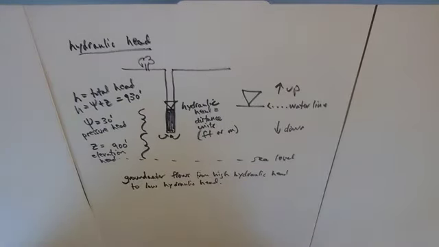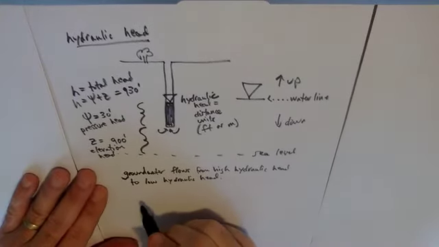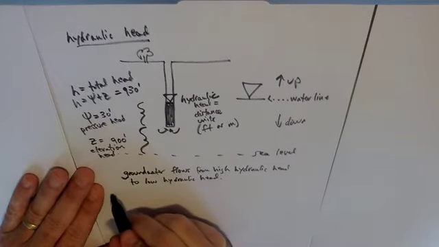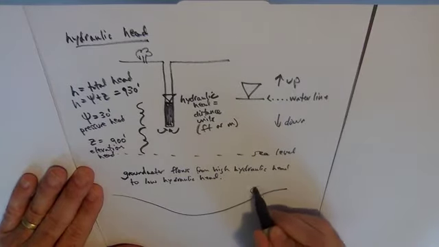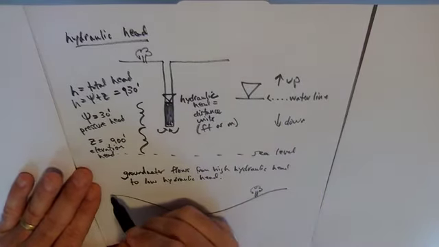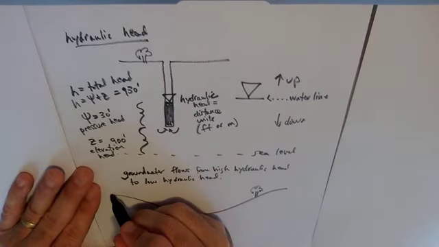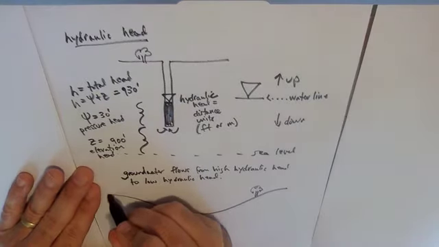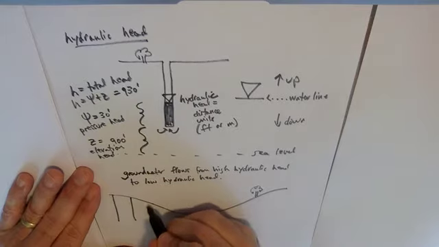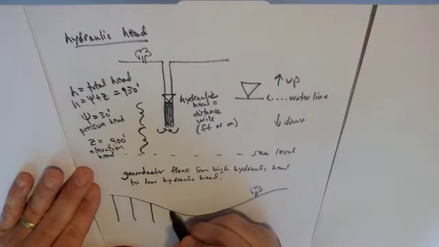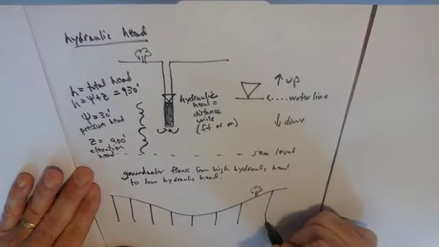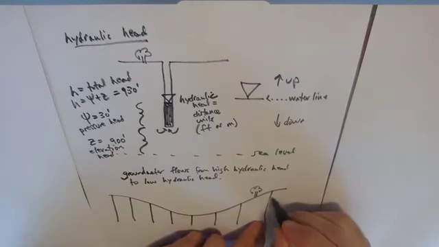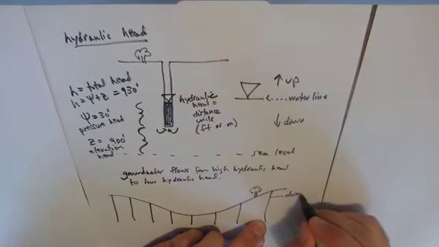So let's see. What geologists can do is, let's just draw a land surface here. By drilling a whole bunch of wells like this, just observational wells, let's say that here's a land surface, and each one of these things is an observational well.